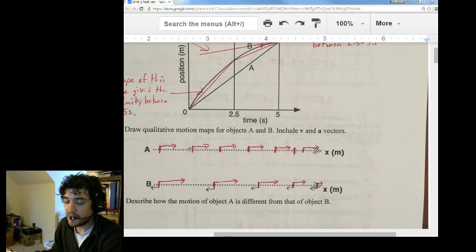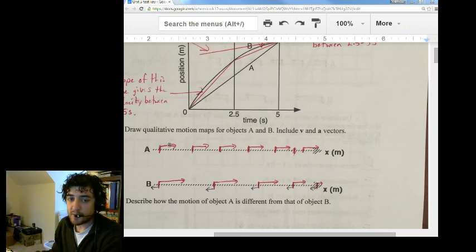The spacing between the dots represents the distance the object travels during that chunk of time, and the intention is that each dot represents the same amount of time. So in 1 unit of time, the object moves that far. In the next unit of time, it moves the same distance. In the next unit of time, it moves the same distance. The spacing stays the same because the velocity stays the same.